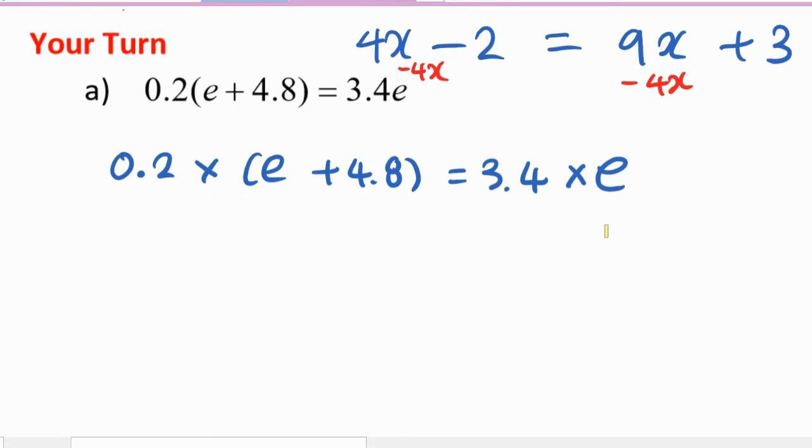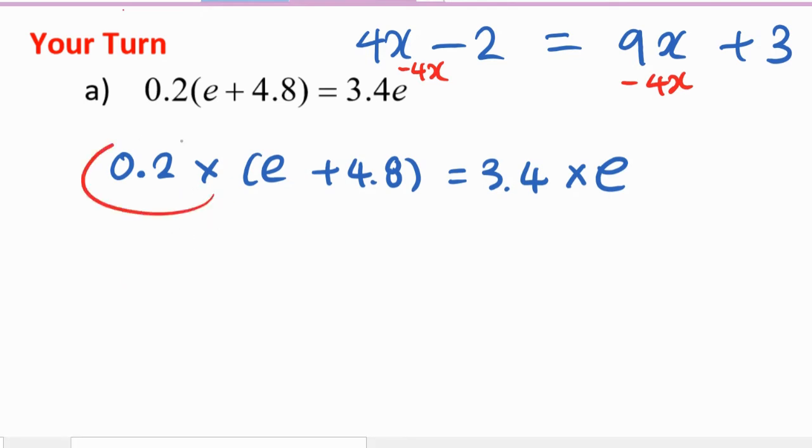Timesing is hiding. So to solve the question, you may use distributive property, or before you solve it, you can even cancel the multiplication because our goal is always to isolate E. So we want to get rid of this number. This time, instead of using the distributive property, let's just get rid of this one.